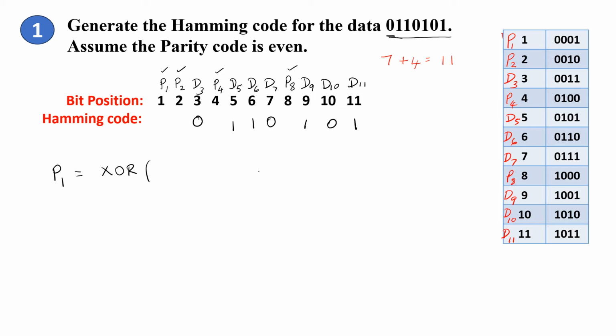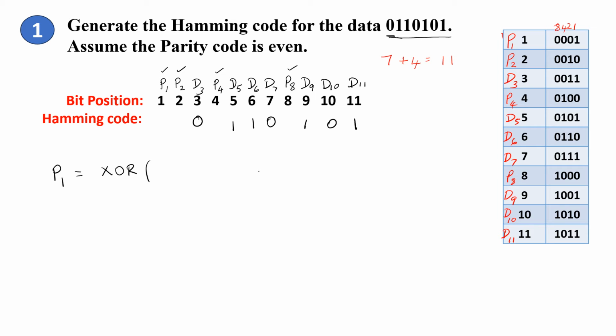Now, to choose the data bits to find the parity P1, we have to see among the data bits which have 1 in the first position. Here in binary this is position 1, this is 2, this is 4 and this is 8.